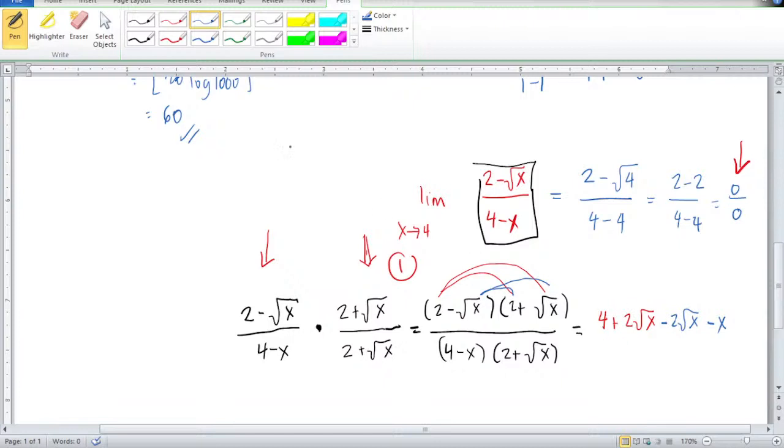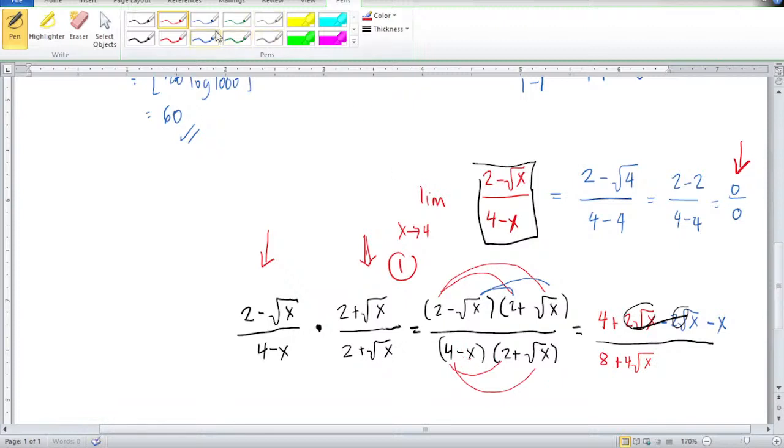Now, what can you observe from here, class? We can cancel out 2 square root of x and negative 2 square root of x, so this will be eliminated from the expression. How about here on the denominator? Let us simplify. 4 times 2 is 8. 4 times square root of x is positive 4 square root of x.